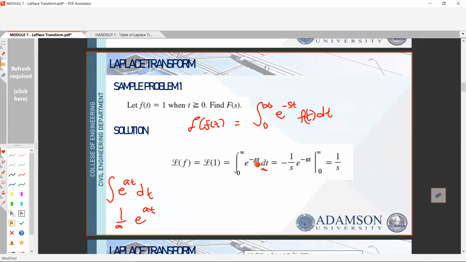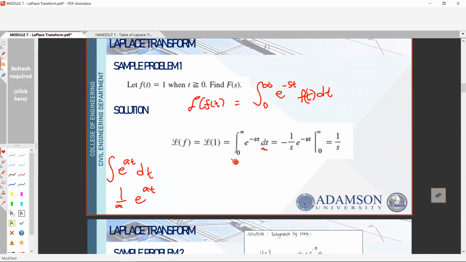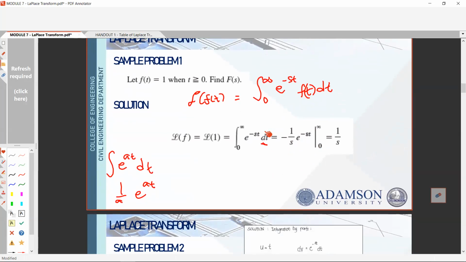Therefore, since yung a natin dito is negative s, 1 over negative s or negative 1 over s, then copy as is e raised to negative st. Now, we need to evaluate 0 to infinity. Naalala nyo kung paano mag-evaluate ng integral? Evaluating an integral is the upper boundary minus the lower boundary. Since we are dealing with variable t, substitute natin itong value na to sa variable t.